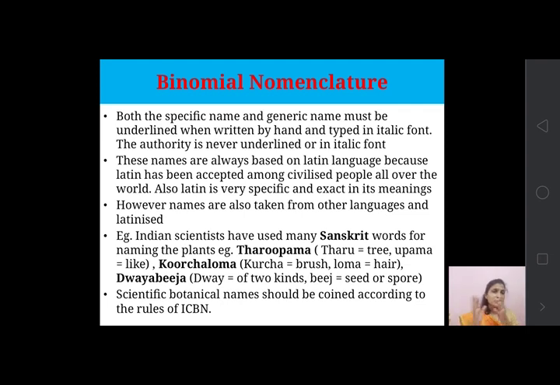Now both the specific name and the generic name must be underlined. What are the rules while writing or typing the generic and specific name? When written by hand, both the generic as well as the specific name should be underlined separately, not with a single underline. The generic name is underlined separately, while the species name is separately underlined.